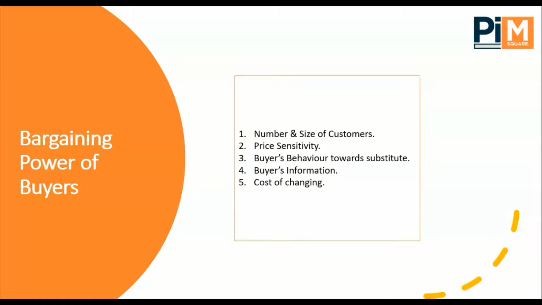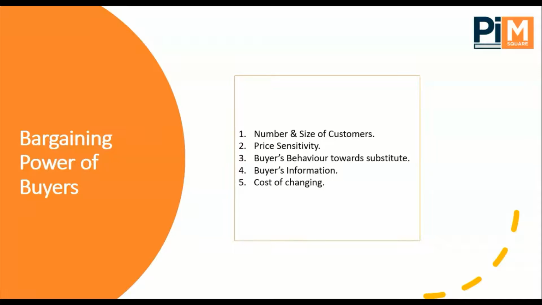And do you have the complete information about your buyers or buyers' behavior? Do you understand how your buyer behaves while buying your product or services? You have to understand this as well. Then the cost of changing, which I talked about, like the buyer's behavior towards the substitute.